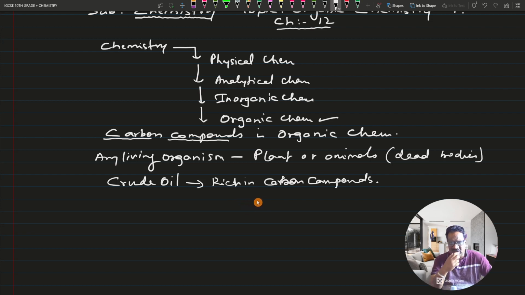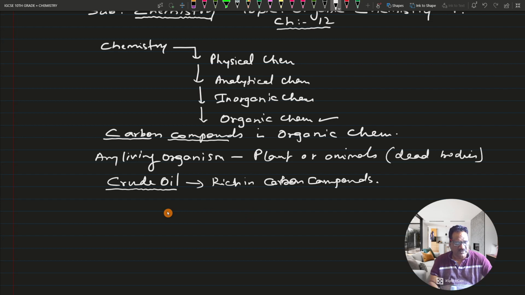It undergoes certain chemical processes, mostly one process known as fractional distillation. By going through fractional distillation, the crude oil is separated into the various components contained in it. So crude oil is basically the origin of all the organic compounds, right?